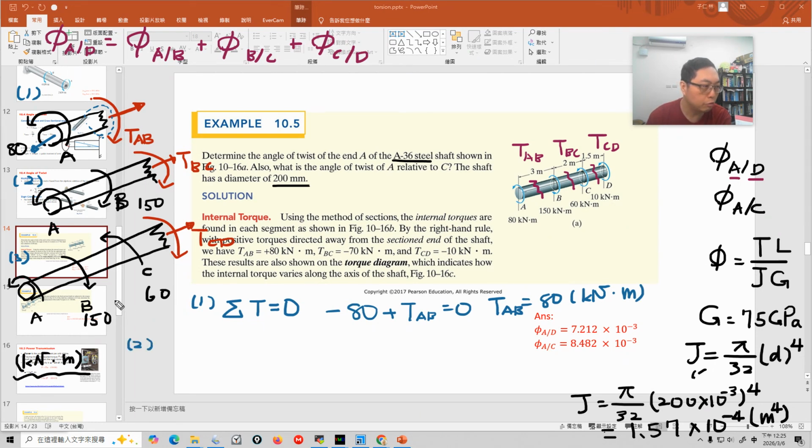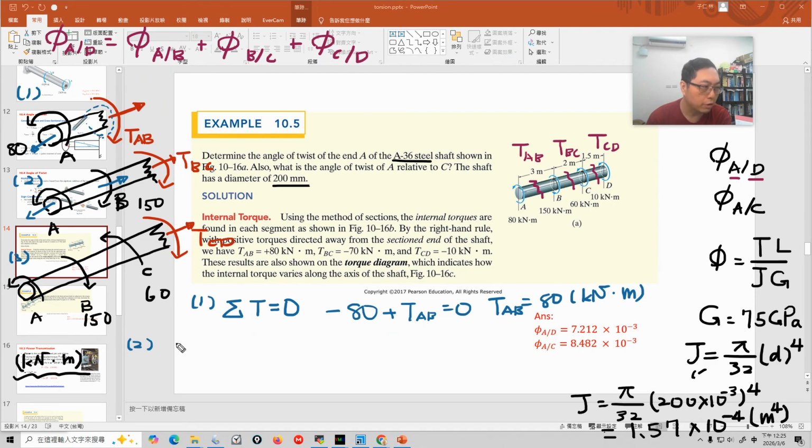For section 2, the torque A we already know is negative. What about torque B in the second set? Also use the right hand rule. It is rotating in this way, so your thumb direction is here, and this direction is outward to the surface.